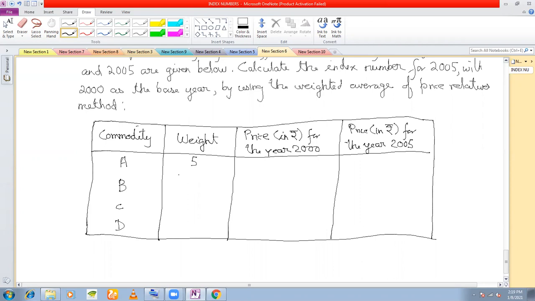Now see this column as they have given, this should tell you that you have to use the weighted average of price relative method. Okay, even if they don't mention, although they have mentioned here, using the weighted average of price relatives. But even if this is not mentioned, you can judge by this column that you will have to use the weighted average of price relative method. Understood?